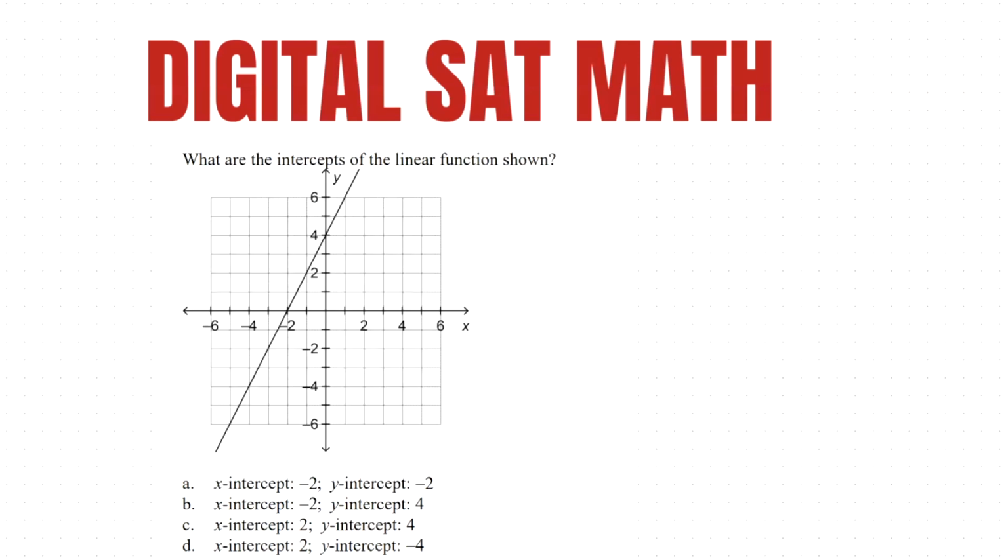This is a graph with a positive slope, and here is our x-intercept, because this is our x-axis. This is the point where the line intersects with the x-axis. The coordinates of this point are -2 and 0. And for the y-intercept, this is our vertical line.